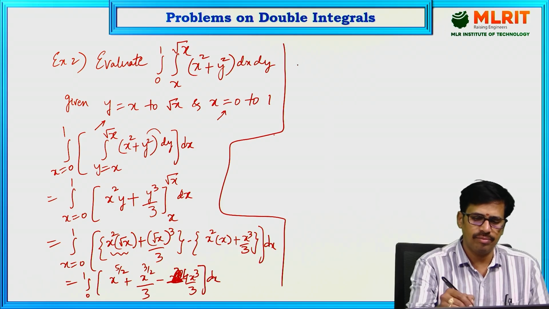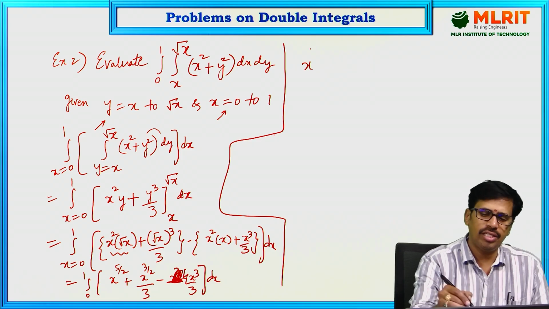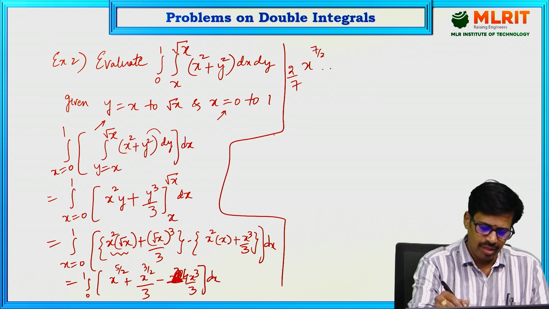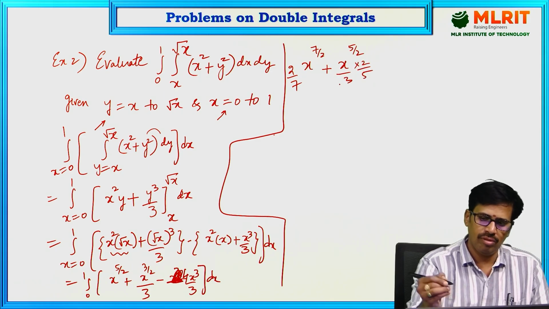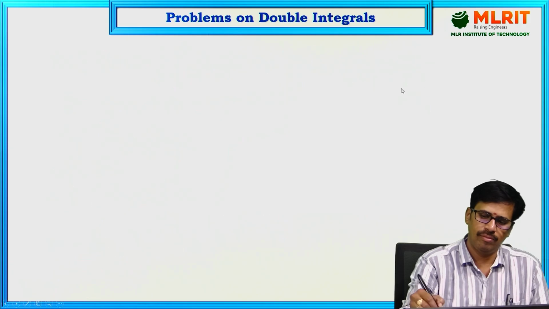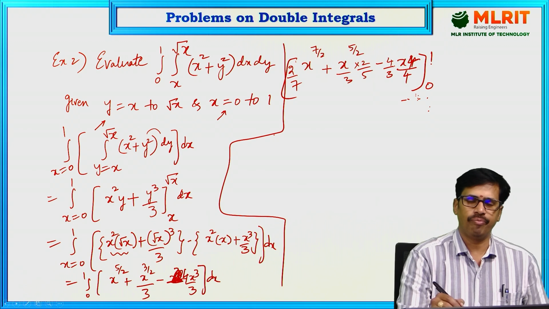Now integrate this. The integration of x power 5 by 2 is x power 7 by 2 divided by 7 by 2, that is 2 by 7, plus the integration of x power 3 by 2 is x power 5 by 2 by 5 by 2, that is 2 by 5 by 3, minus 4 by 3 into x power 4 by 4, and the limits are 0 to 1.